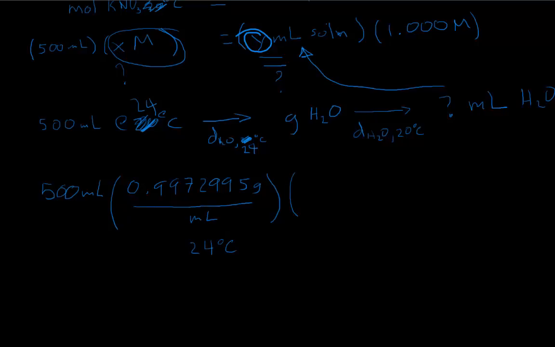The next step is to figure out from this mass, the milliliters have canceled out. I now know the mass of water, the grams of water. So now we're going to use the density of water at 20 degrees Celsius. And so I know in every 1 milliliter at 20 degrees Celsius, there's 0.998207 grams.